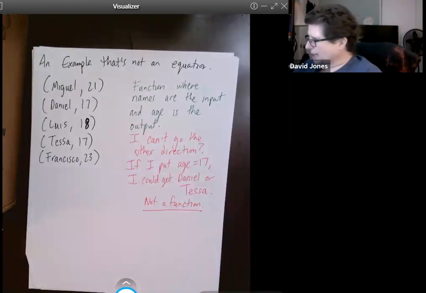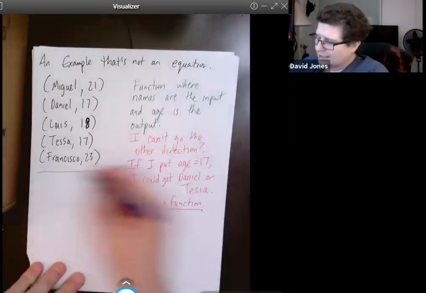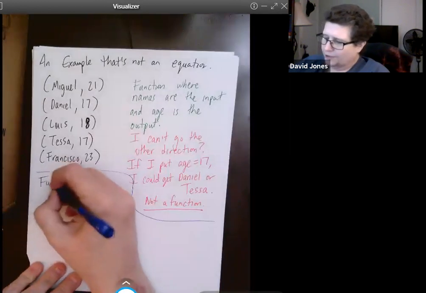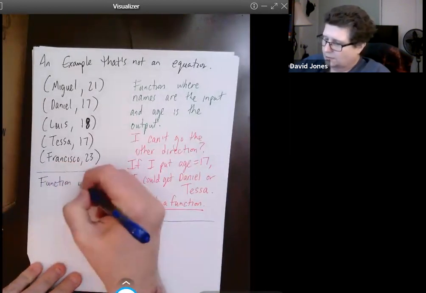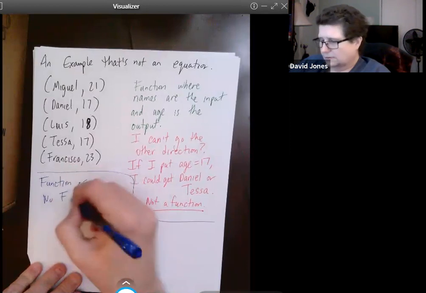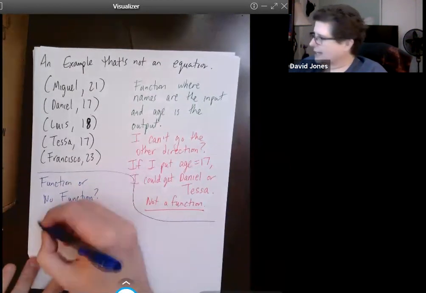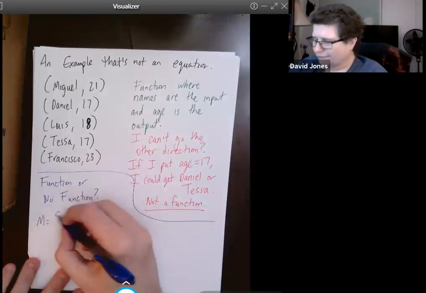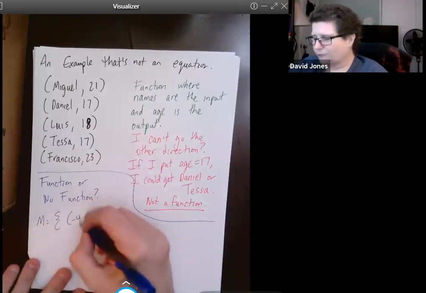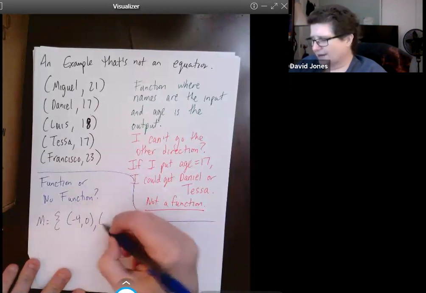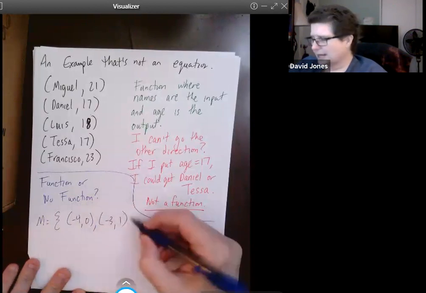And so we can look at number sets. Let's take a look at this. Is this function or no function? My first set of numbers, I've got -4, 0. I've got -3, 1.